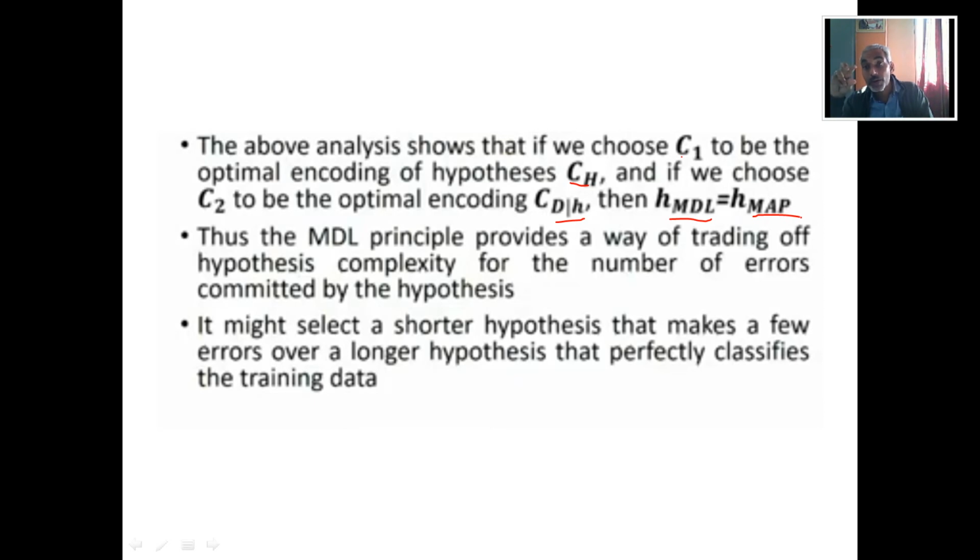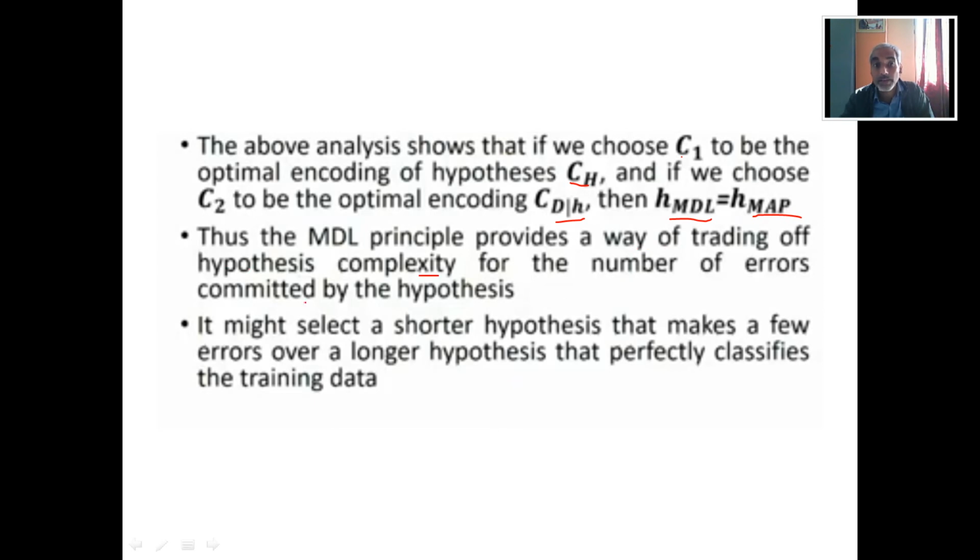When you apply the Bayesian theorem and get a maximum a posteriori hypothesis, actually what is happening is that the hypothesis which has the minimum description is being selected.